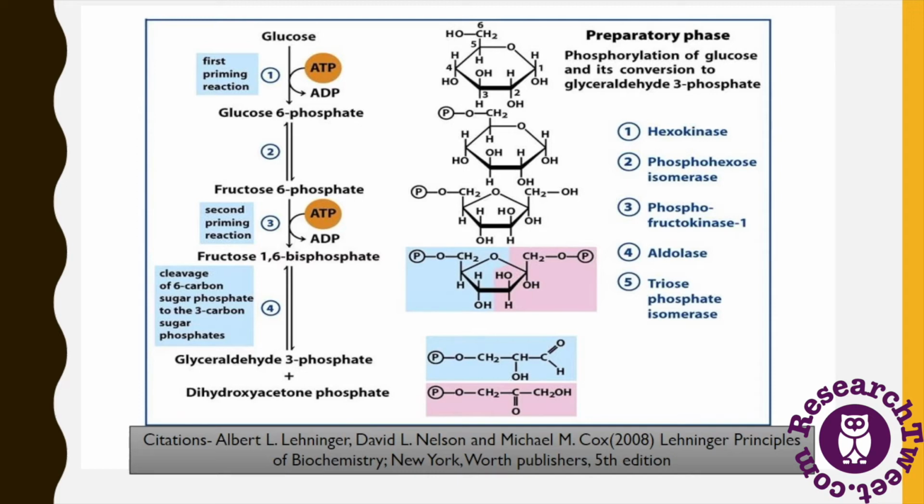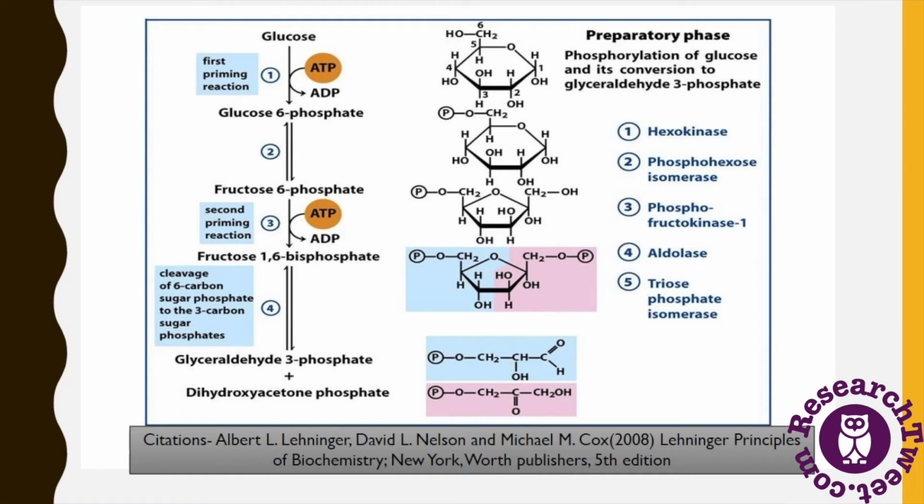with the help of the enzyme phosphofructokinase, and then the enzyme aldolase splits it into two sugars, which are glyceraldehyde 3-phosphate and dihydroxyacetone phosphate. These two sugars are isomers of each other, and with the help of the enzyme triose phosphate isomerase, these two sugars are interconvertible into both forms.